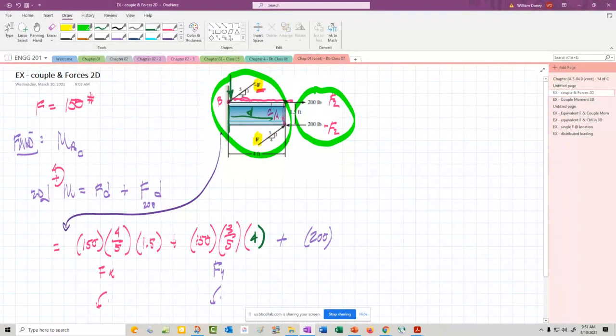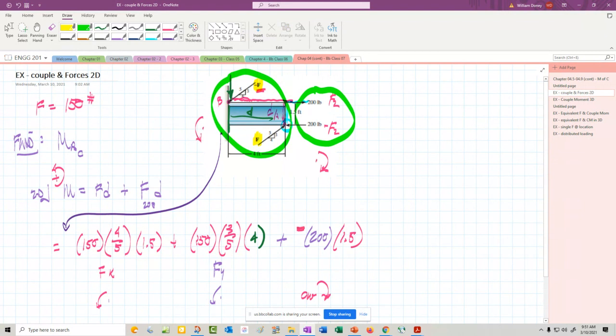Okay, so I'm going to take this top force, about the distance about point A. So that's 200 times 1.5, but it is trying to rotate it clockwise. So I have to make that a negative, right? This pair is trying to go this way. This pair is trying to rotate that way.